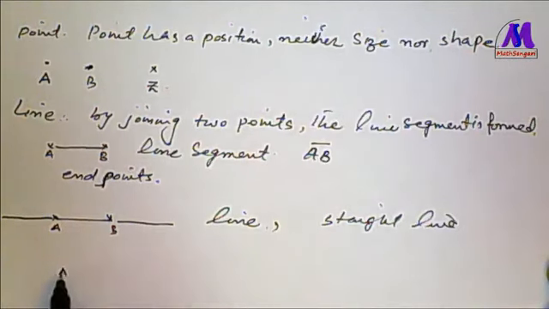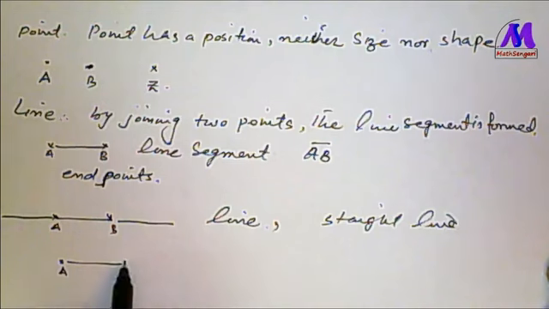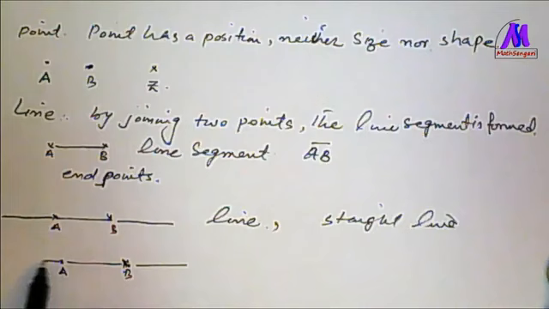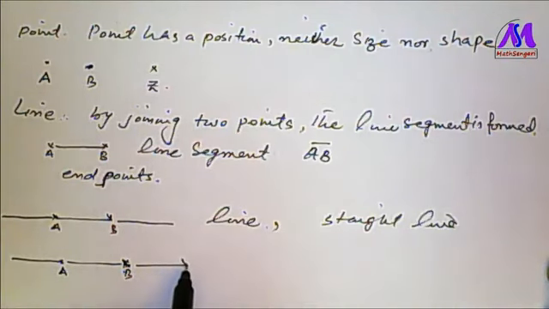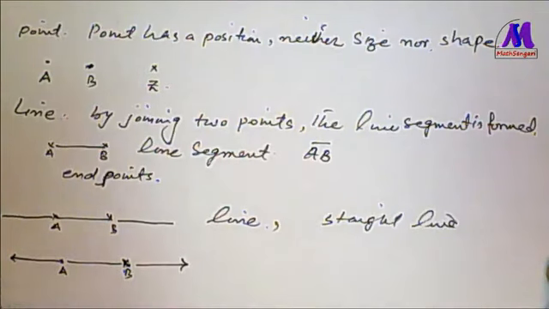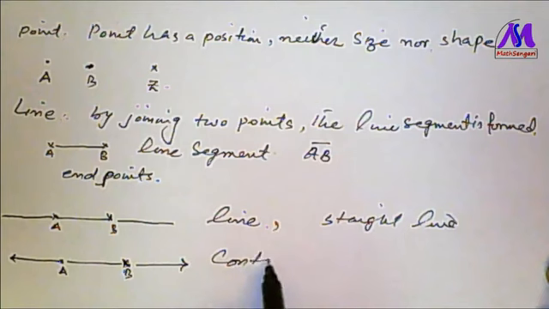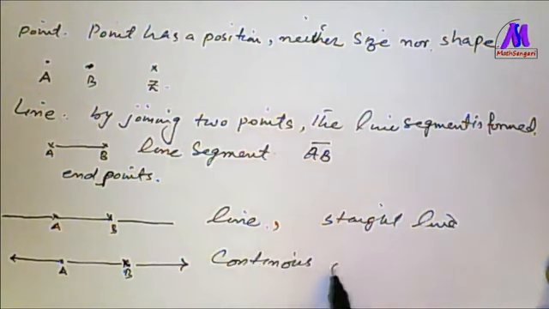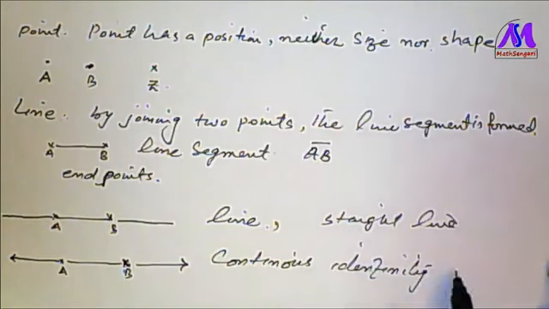Same case, for example, let's start with 2 points, AB, and extend on both sides infinitely with arrowheads on both sides, then it will be called a continuous infinity line.